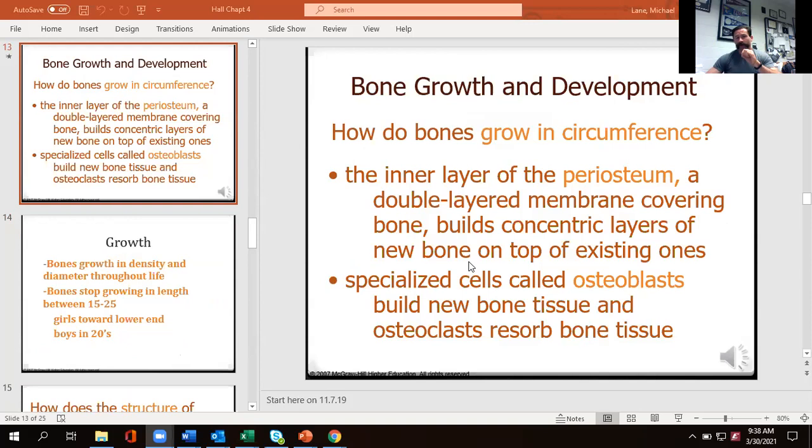Osteoblasts are the ones that build new bone tissue. Osteoclasts are the ones that resorb bone tissue. Now, the reason why we have this building and then also removing is A, it gives us the ability to improve the strength of our bones where we need it. But B, it makes it so the body only has as much bone mass as it needs to have. It's not going to carry around extra if it can help it.